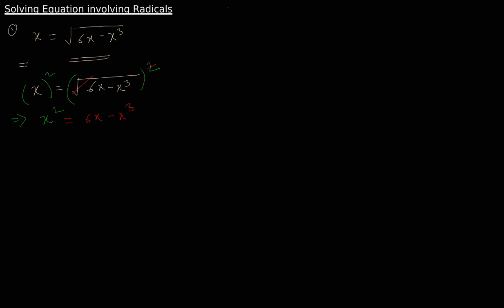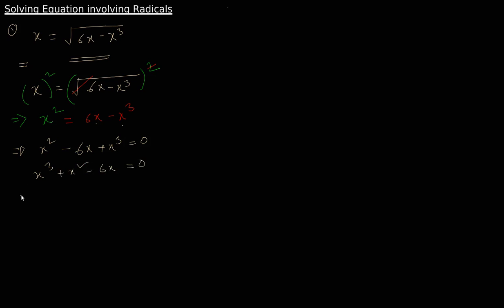Let us now bring everything to one side. I have x square, then I bring this over, so negative 6x, and negative x cube on this side becomes positive x cube, equal to 0. So let me organize a little bit: x cube plus x square minus 6x equal to 0.